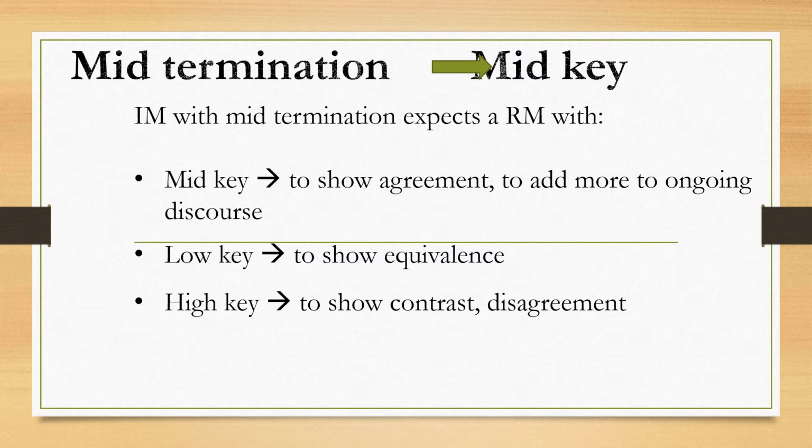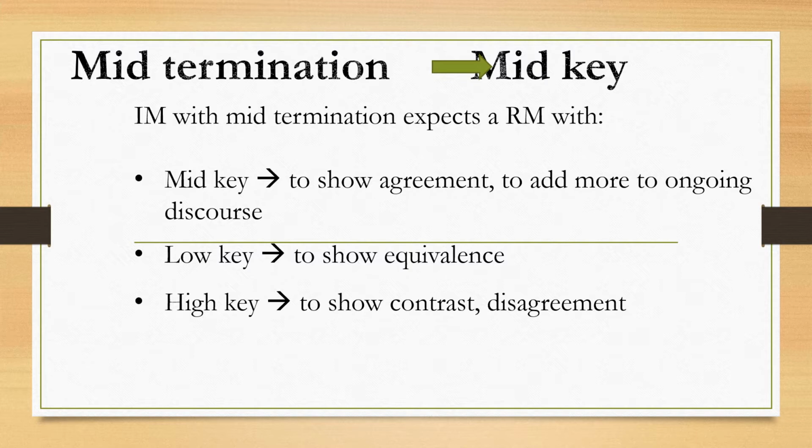Sometimes the speaker may choose not to comply with the same pitch level. If they comply, there is agreement between, let's say, an elicitation for an opinion by speaker A, and speaker B will produce a similar type of opinion or idea in mid-key, showing agreement.